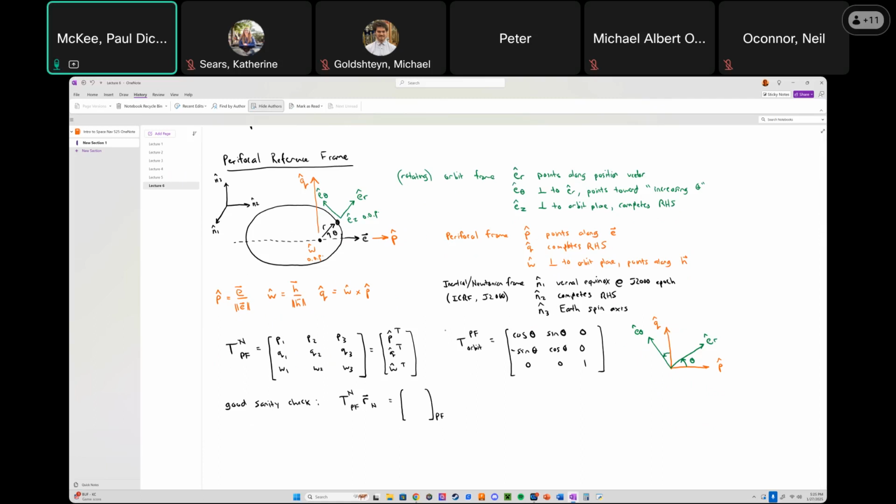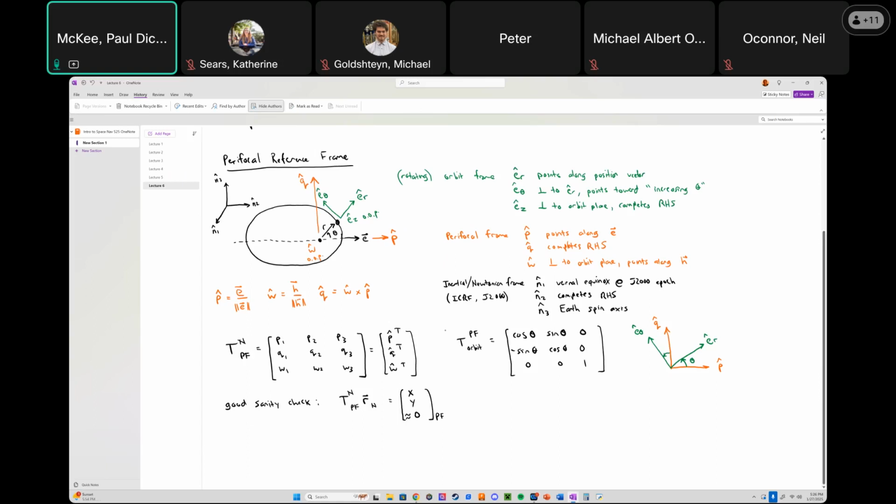When you do that, you'll get some position in the X, some position in the Y, and then some position that is roughly equal to 0, which should make some sense. So in the parafocal reference frame, if you're here, your position will have some component in the P direction, some component in the Q direction. If you're here, it'll have some component in P, some component in Q. If you're here, it will be only in the P direction. And I guess if you're here, it'll be only in the Q direction, right?